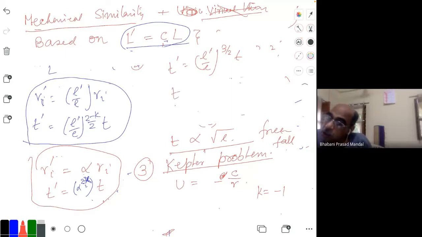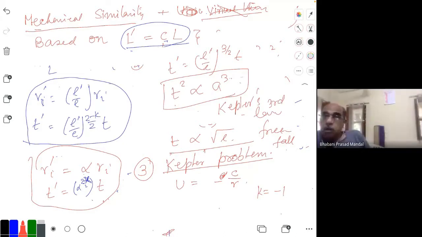That means t square is proportional to a cube. That is Kepler's third law: the time period square is proportional to the cube of the semi-major axis. I'm not saying that you will get the exact formula, but you will get actual information about the system by using this mechanical similarity or scaling property.